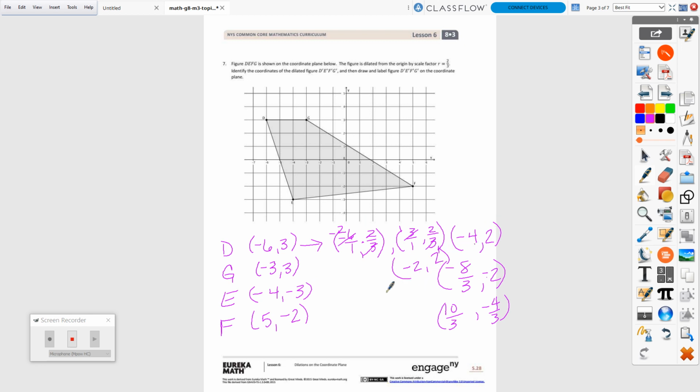Okay, hopefully I wrote down that this one is letter G prime, E prime, and F prime.